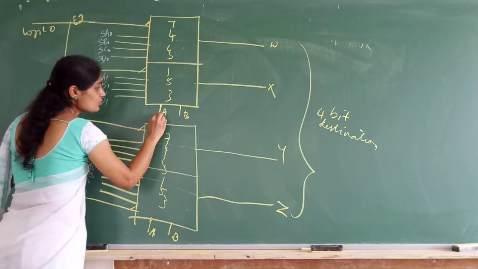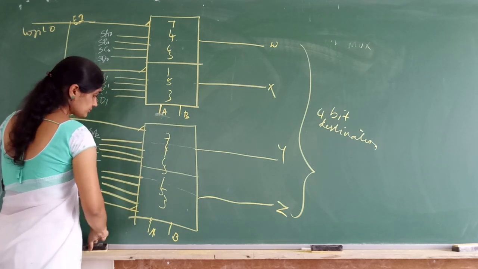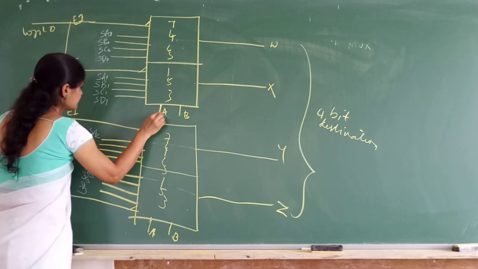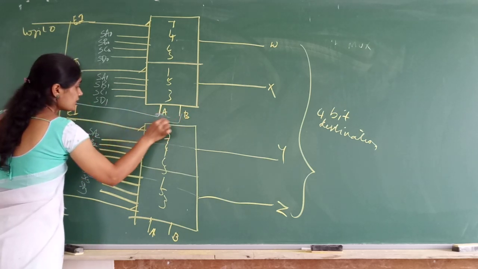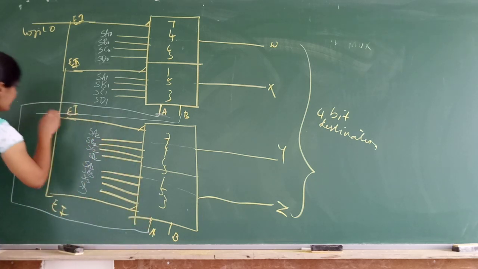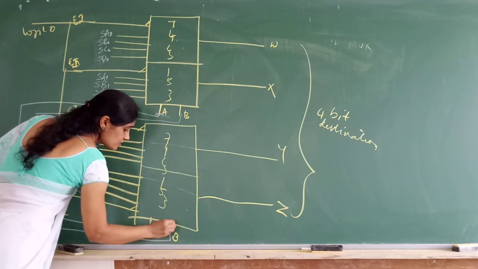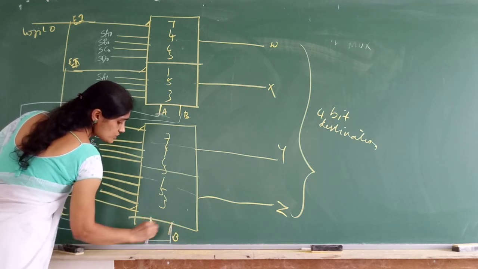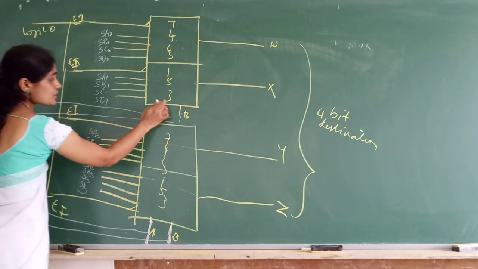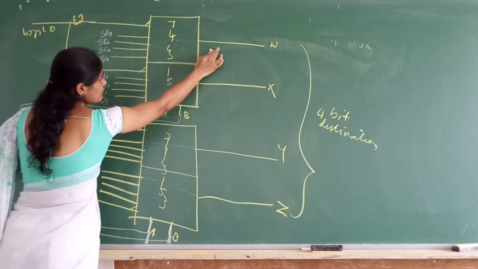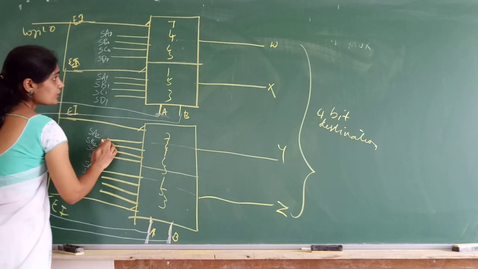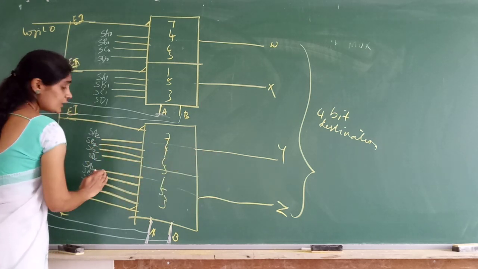I have to connect A to A, and B to B. So these are the select inputs. I have two select inputs A, B. Now if I give 0, 0 here and 0, 0 here, what happens? When I give 0, 0, W will be equal to SA0, X will be equal to SA1, Y will be equal to SA2, Z will be equal to SA3.